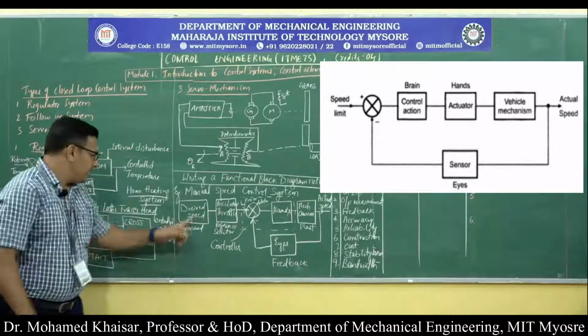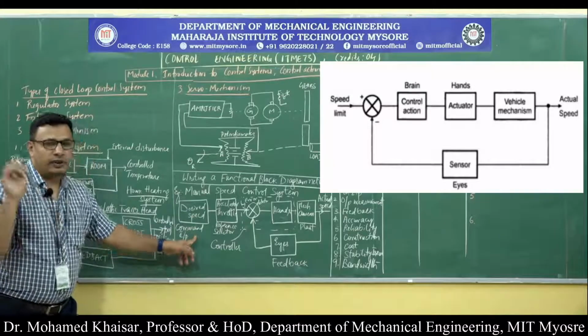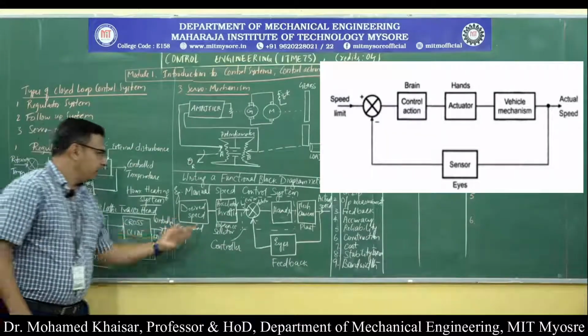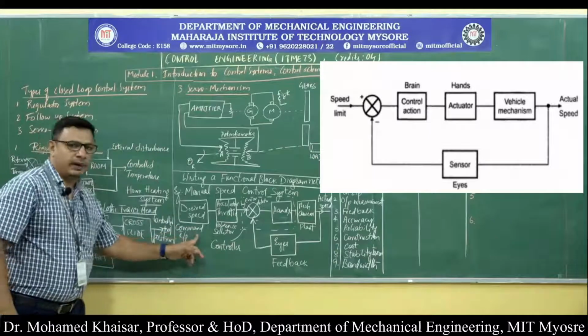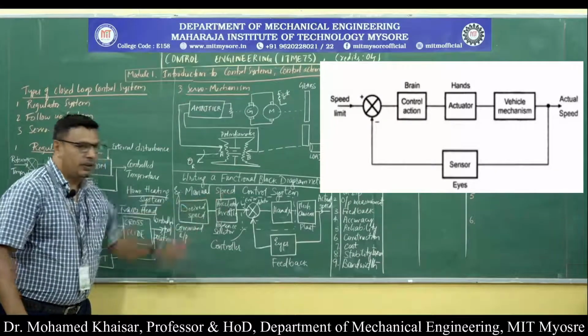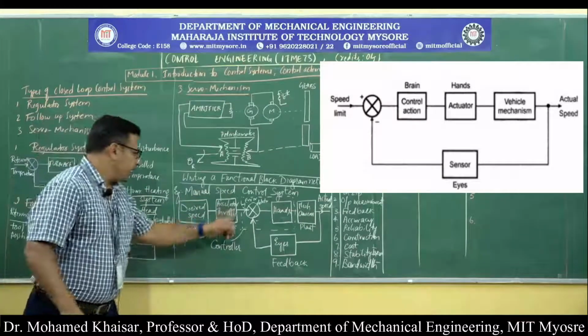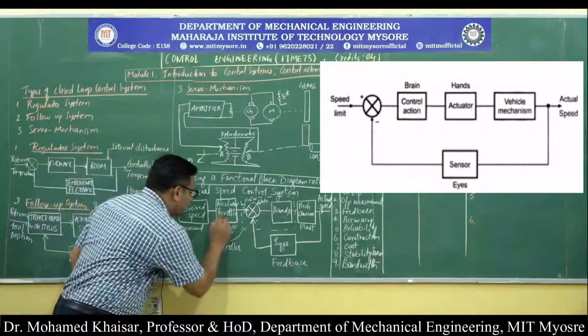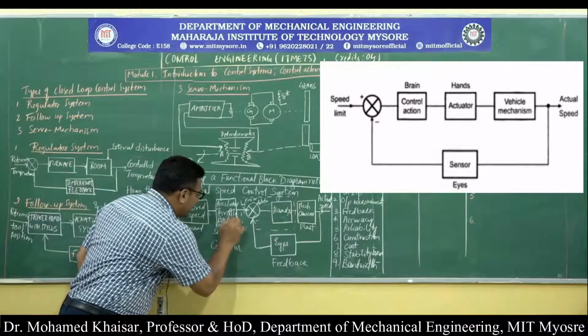Anyway, as I mentioned during the open loop control system itself, the block diagram network will have a command input, which is actually what you want, that is the desired speed for the manual speed control system. Then the accelerator throttle position is the reference selector.